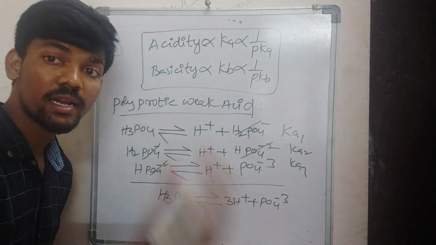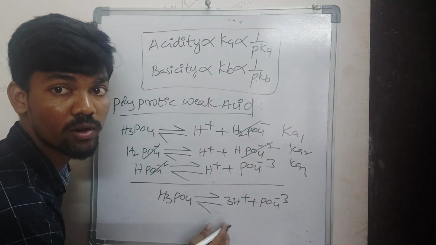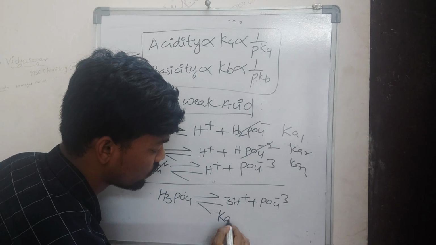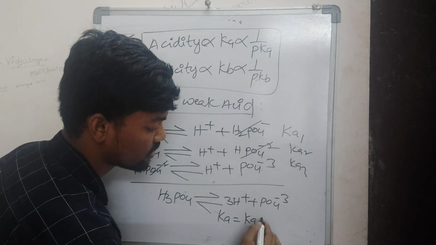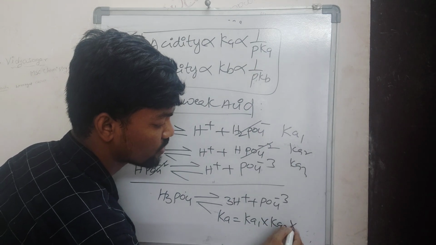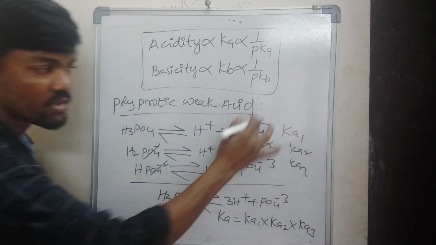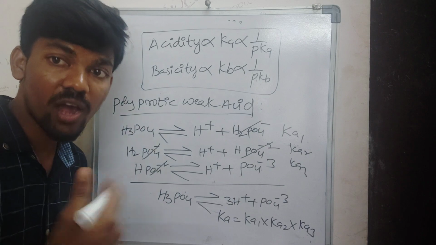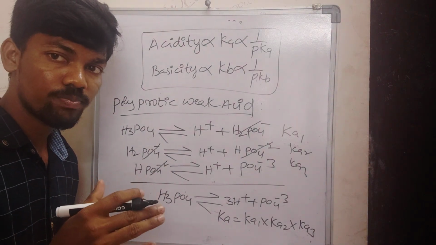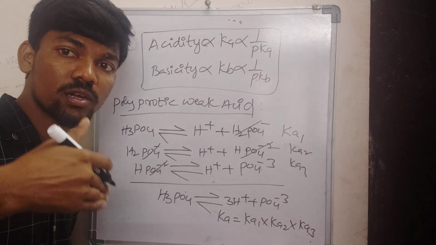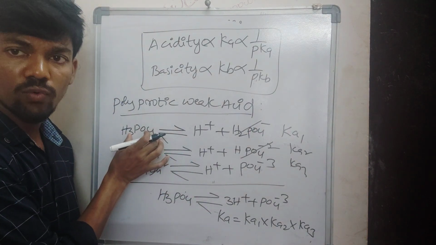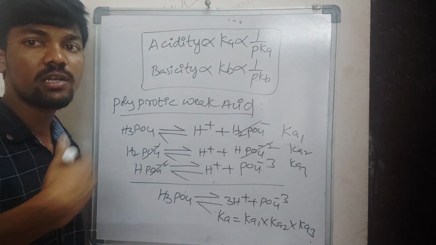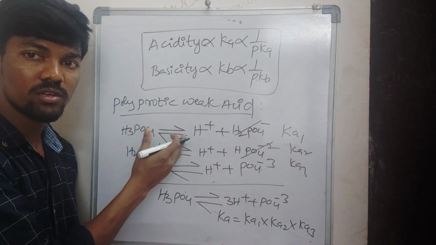If you want the overall Ka value, you just multiply them: Ka1 into Ka2 into Ka3. Among these, which is the strongest acid? We have to know that. Which one will give H plus ions first? H3PO4 gives H plus ions easily.